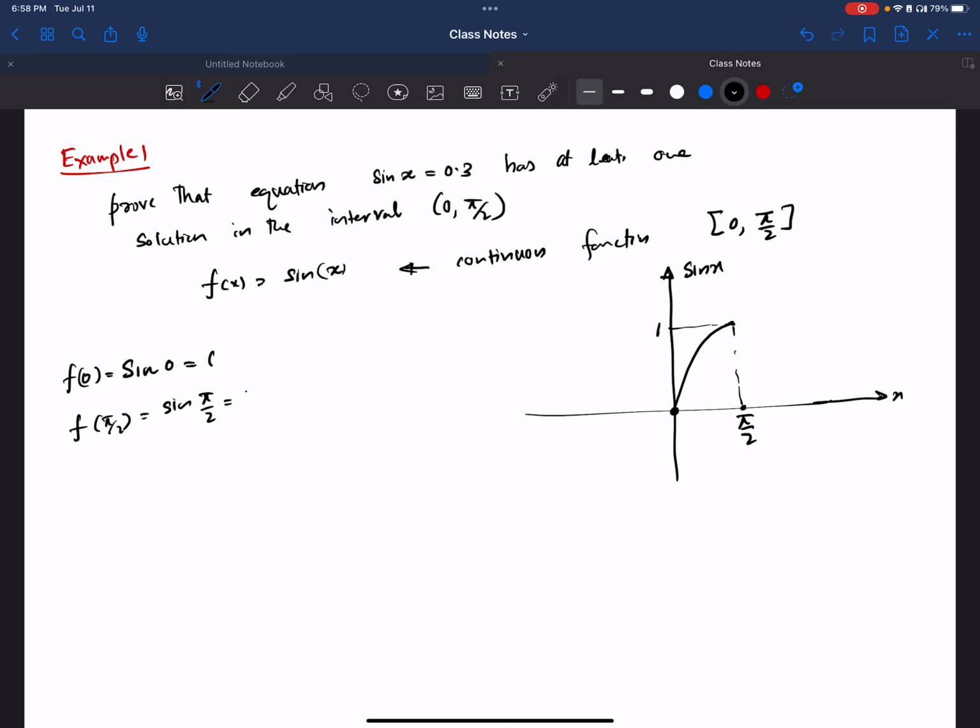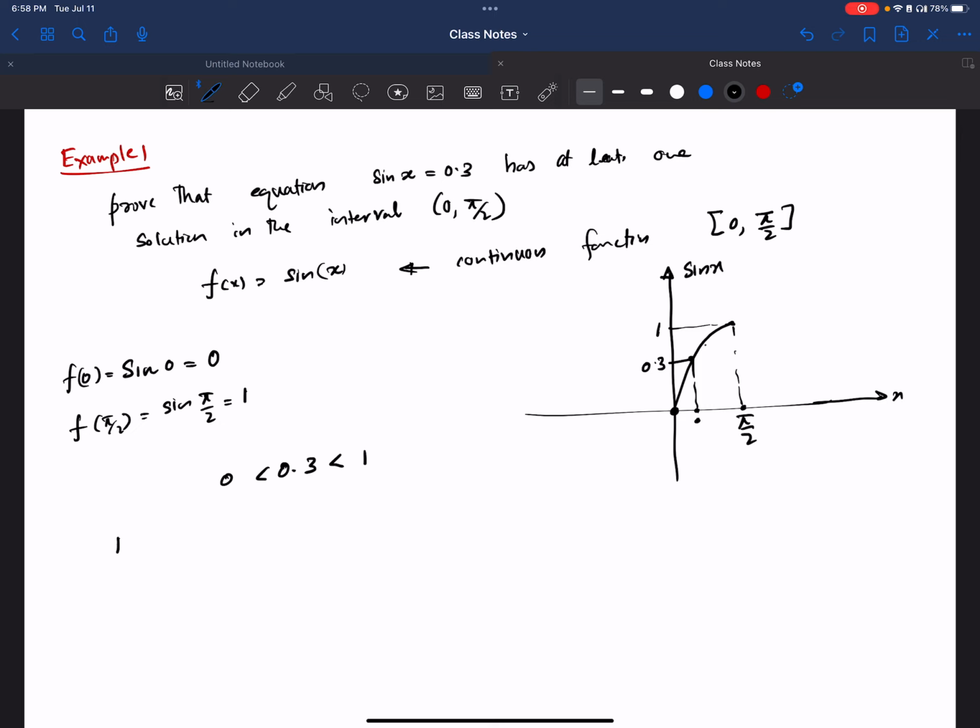This is 0, and this is 1. And 0.3 is somewhere in between. Can we find a value? Yes, because it's continuous, it cannot skip values, so you should be able to find some value that satisfies sine x equal 0.3. 0.3 is in between 0 and 1, right?